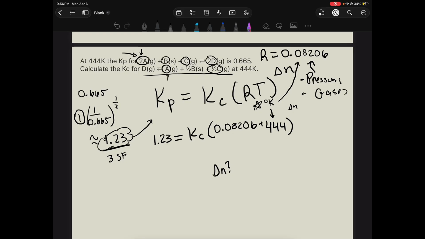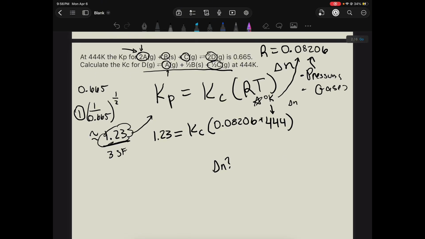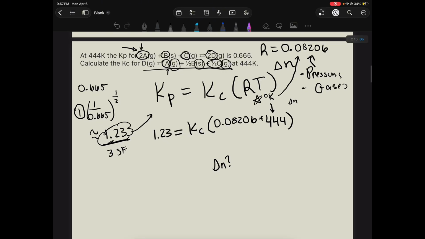Okay, so let's first look at the product side. What is here? We see that there's one gas, one solid, and then another gas. It's important to note that we only use gases. If there's a solid or if there's a liquid, we just have to disregard them as they're not important right now. So for finding the delta moles, or delta N, change in moles, we only use gases.